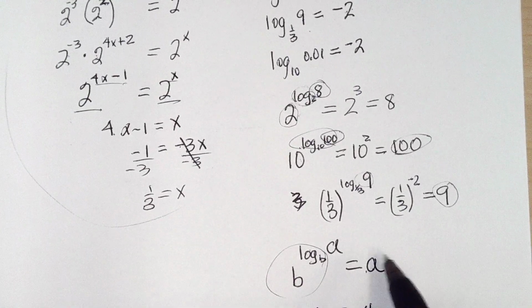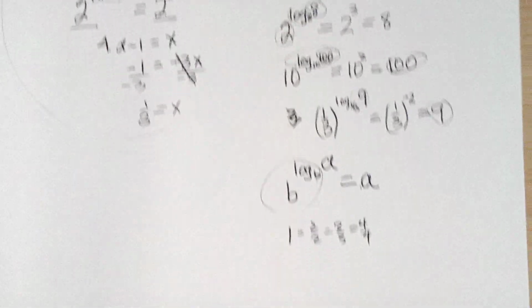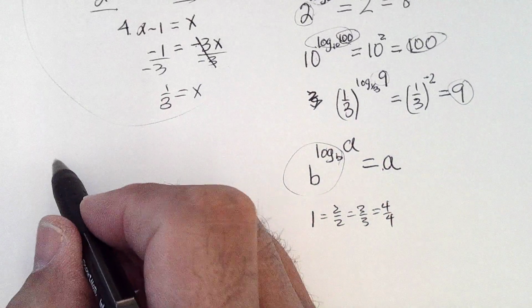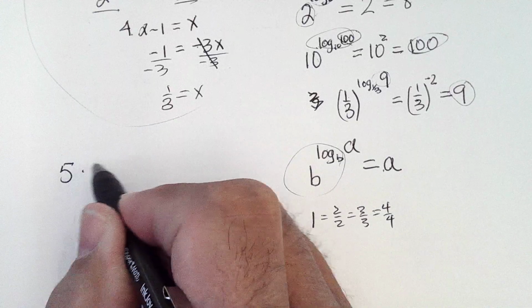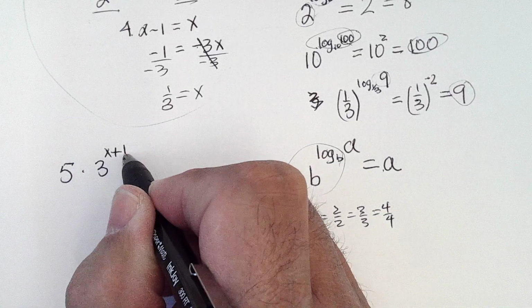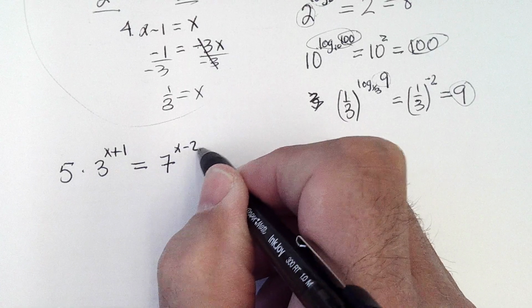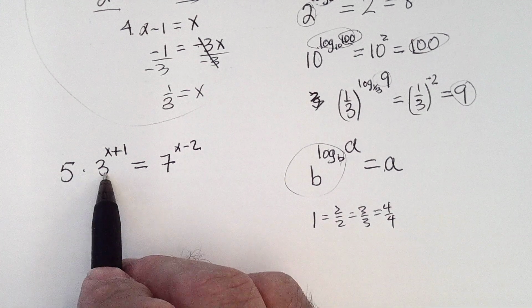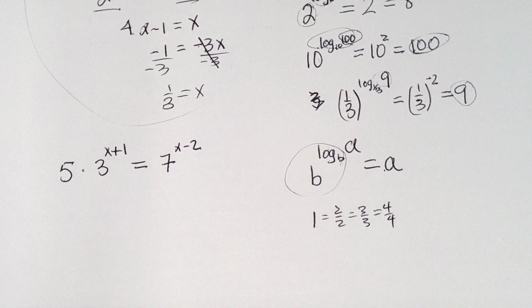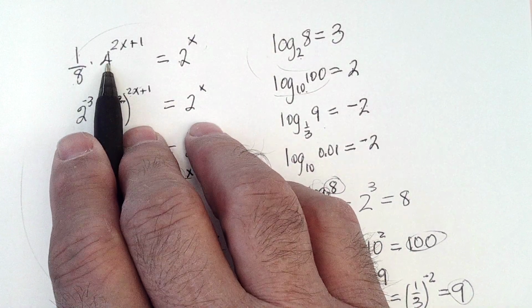So, back to this kind of problem. If I have a problem like, say, 5 times 3 to the x plus 1 equals 7 to the x minus 2, there's no common base between these three numbers, like there was on this. 8 was some power of 2, 4 is some power of 2, and 2 is 2.